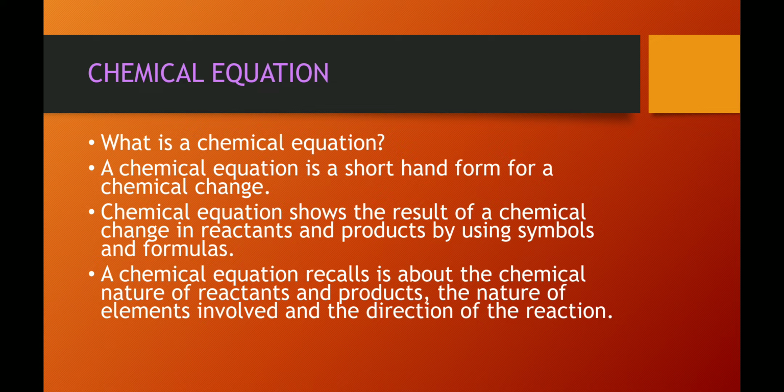A chemical equation shows the result of a chemical change in reactants and products by using symbols and formulas. A chemical equation recalls to us the chemical nature of reactants and products, also the nature of elements involved and the direction of the reaction.